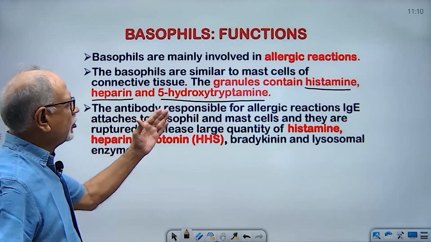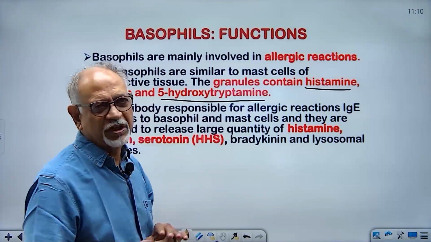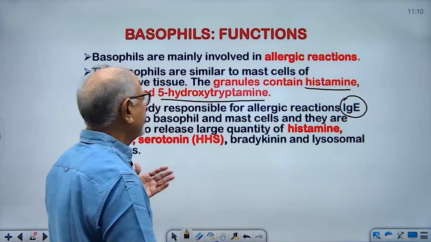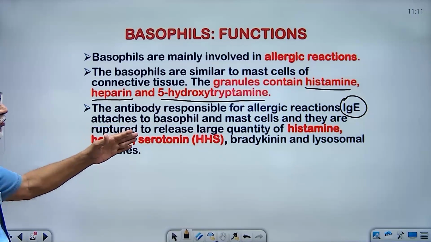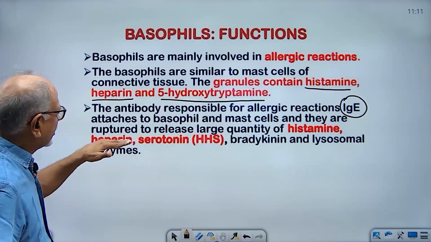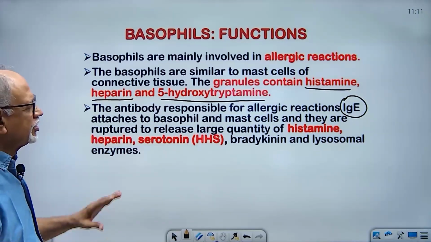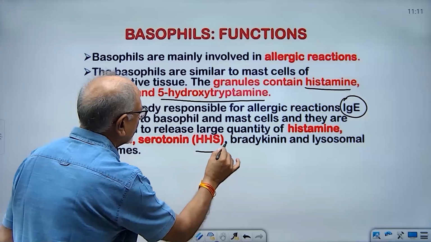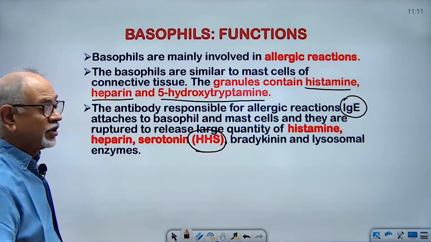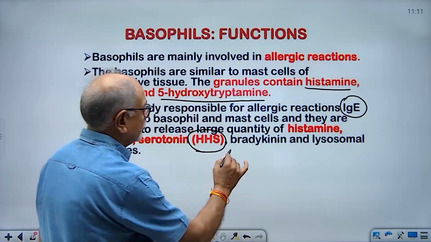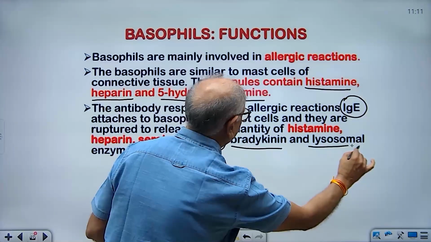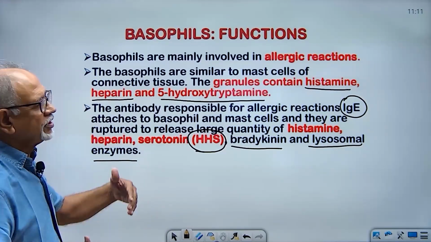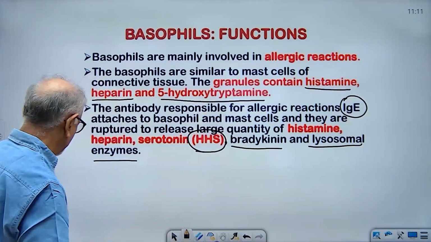Now, the antibody responsible for allergic reactions in our body is IgE. This antibody attaches to the basophil and mast cells, and they rupture to release a large quantity of all these three: histamine, heparin, and serotonin, commonly called HHS, and with them bradykinin and lysosomal enzymes, and that is how they work against the allergic reactions.